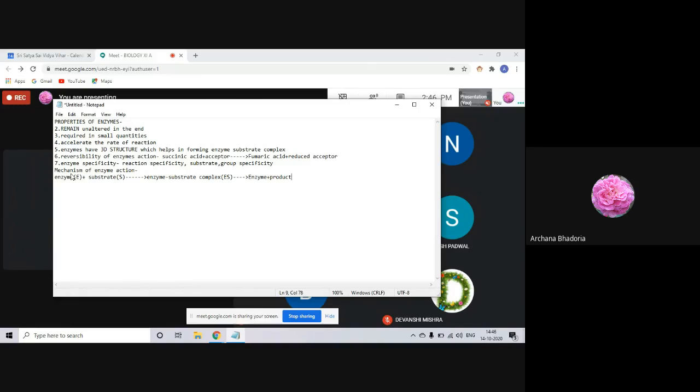After the enzyme substrate complex formation, remember children, the reaction will occur and the product will be formed, and the enzyme will be released. This way the enzyme is regained in the unaltered state, and it is ready to combine with another substrate molecule. Followed? So this is the mechanism of action of the enzymes.